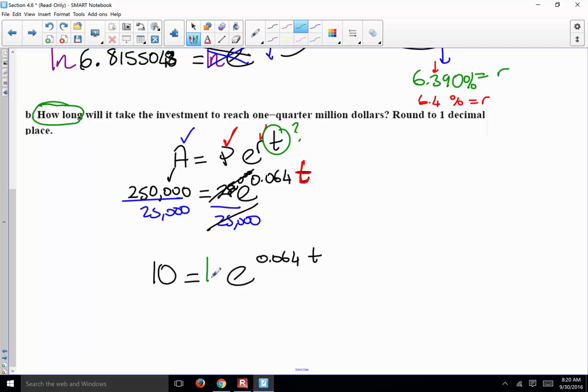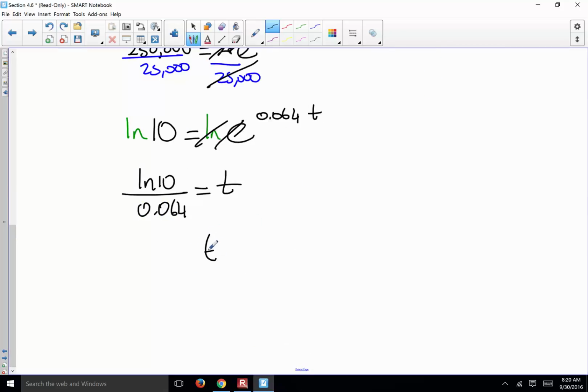We take ln of both sides and divide by 0.064. Okay, now all you need is a calculator. Punch the keys. 36, exactly 36.